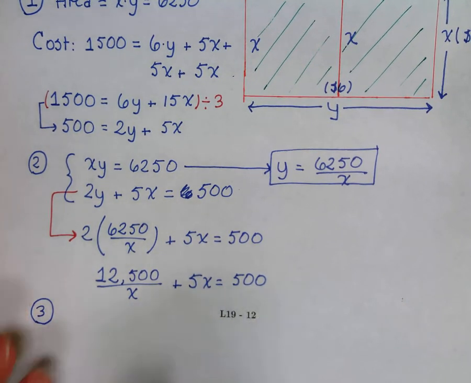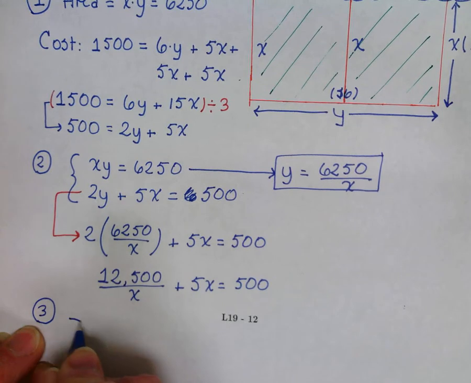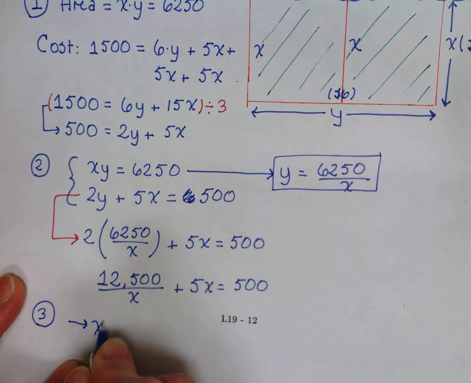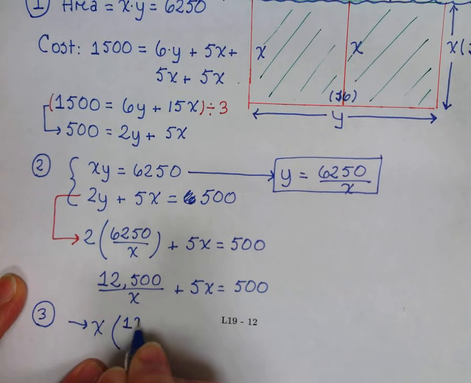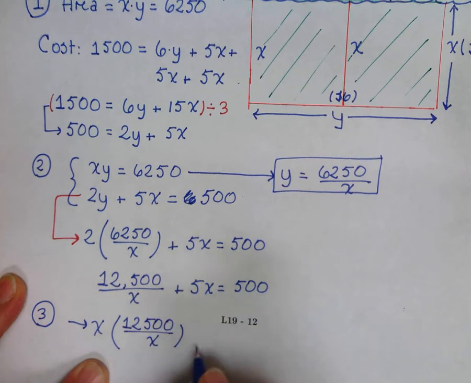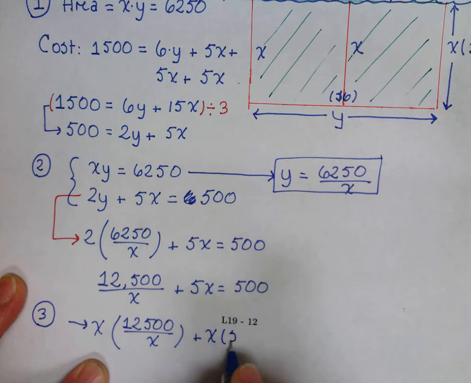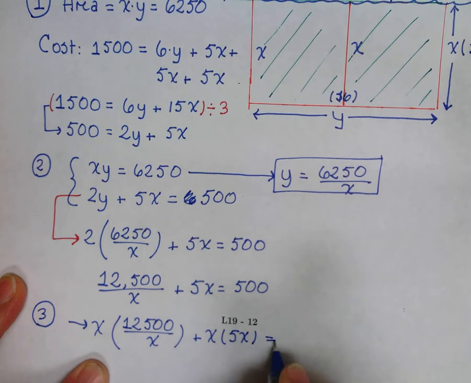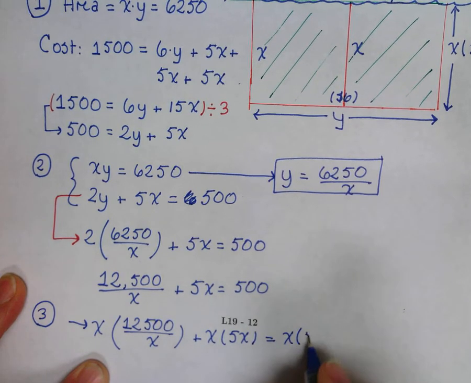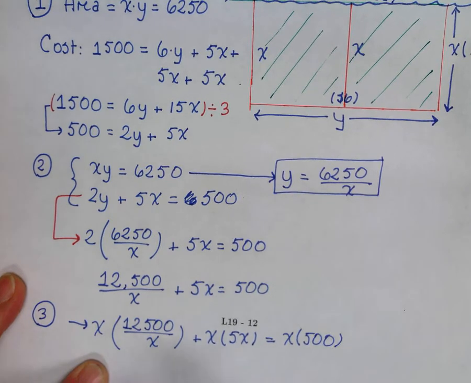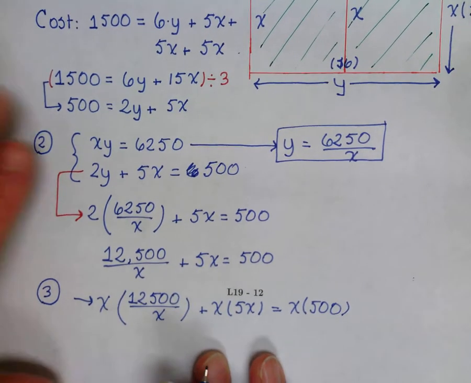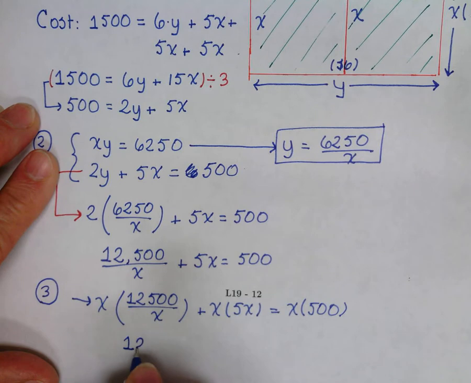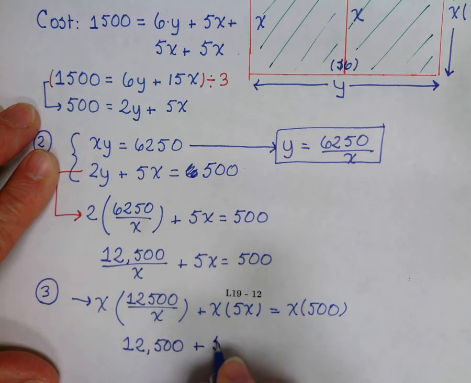We clear our fractions. So I'm going to multiply x times each term to eliminate the x in that denominator.